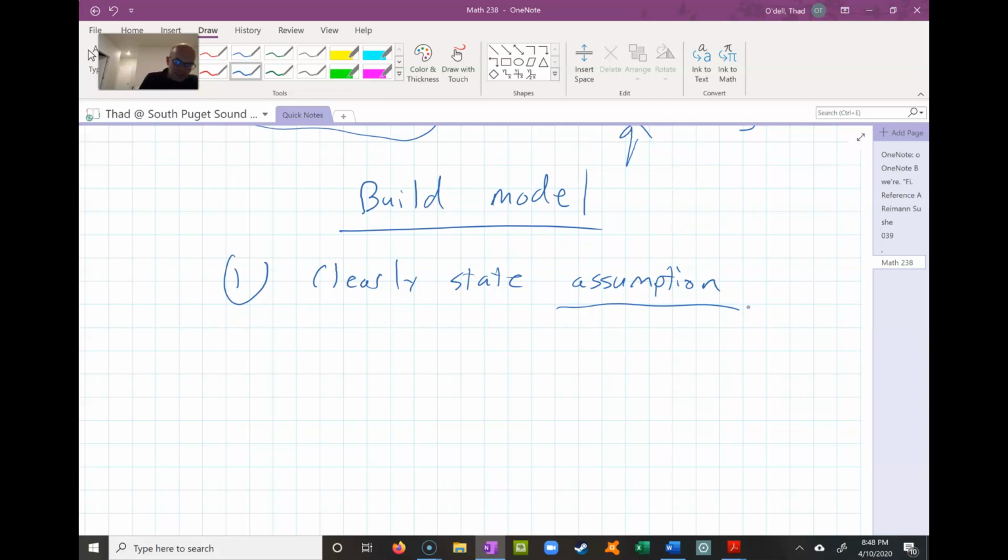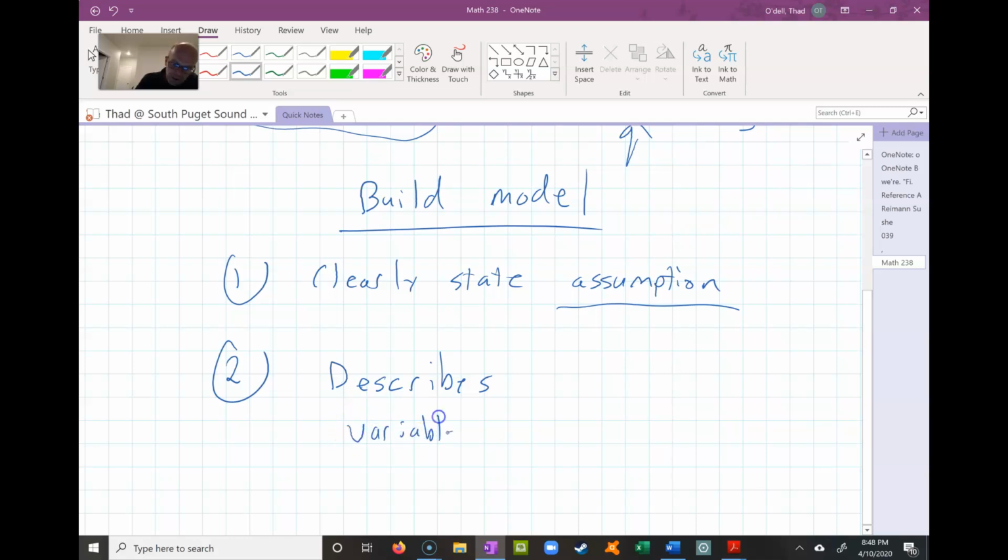Okay, so then the second step is to describe kind of all the players in the model. It looks like a P. Describe all the players. And so usually that's made up of both variables.